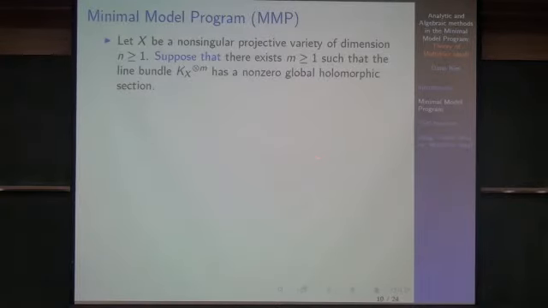Okay, so we don't have enough time to talk about more algebraic geometry in this talk, but I want to at least say what this MMP is, which is in the title. This is a series of results and conjectures, and the main conjecture is as follows. Let X be a non-singular variety of general dimension, and suppose that there exists at least one integer m such that K_X to the power m has at least one non-zero global holomorphic section.